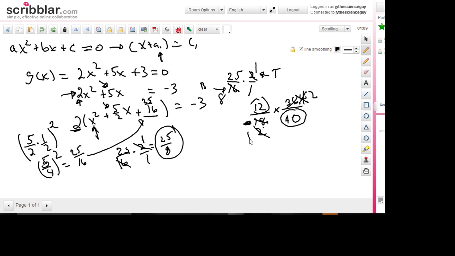A little bit smaller. 5? A little bit smaller. Oh, 4 then. How many times does 4 go into 12? 3 times. How many times does 4 go into 40? 10 times.